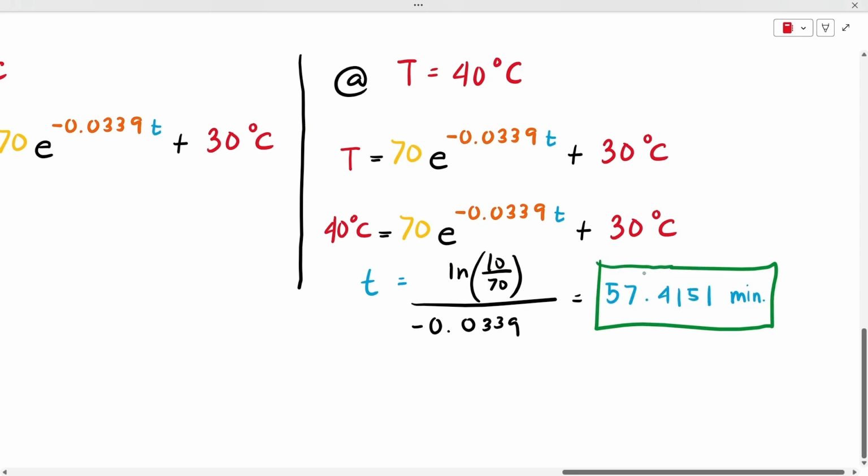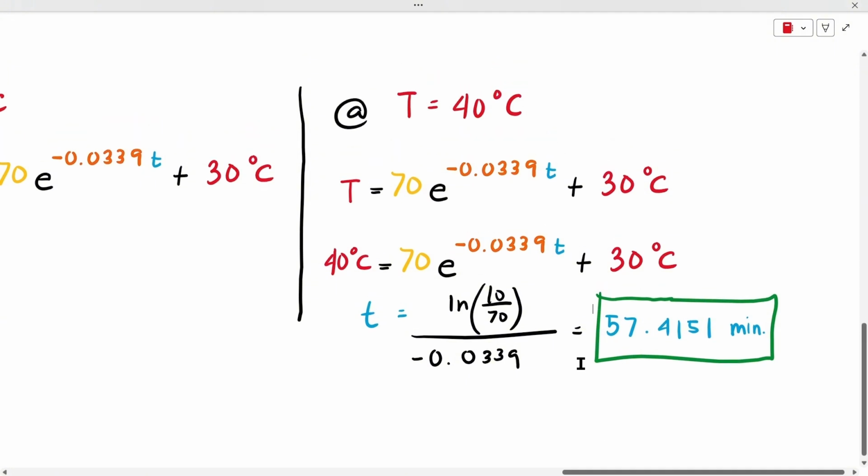So this is the final answer for this problem.